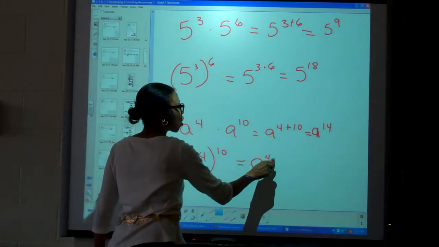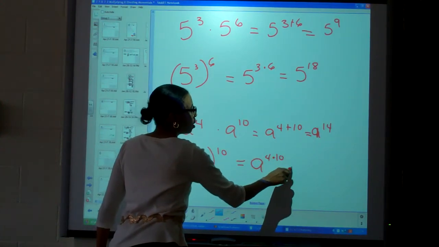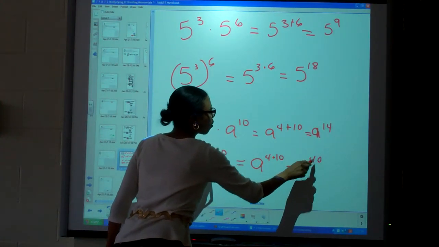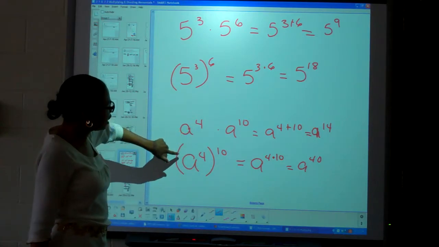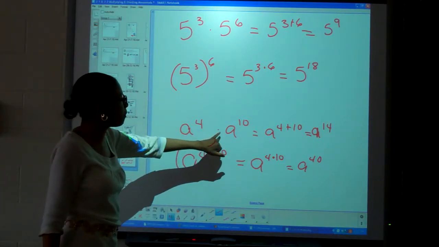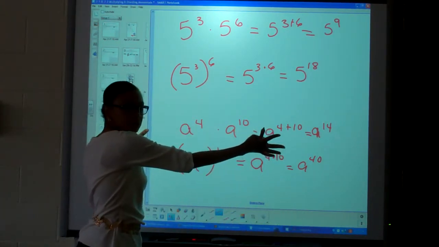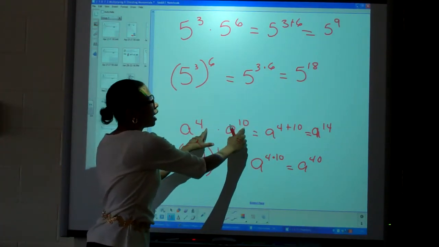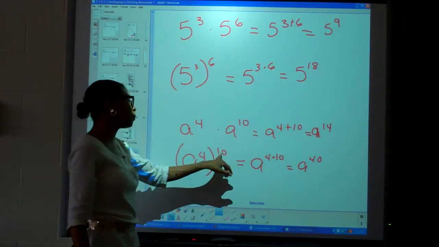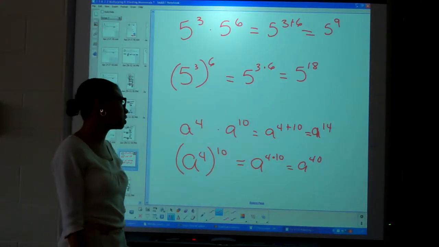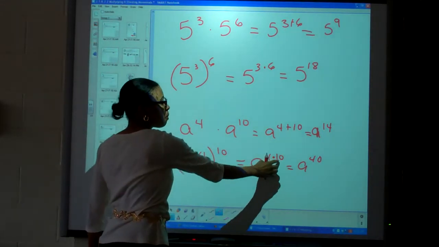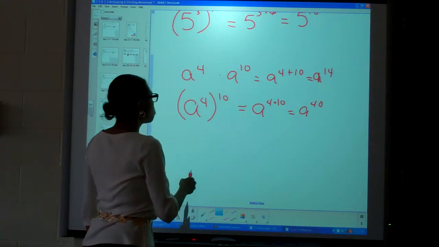This is a to the 4 multiplied by 10, which is a to the 40th power. Please do not get these two confused. If I'm multiplying and everything's on the outside of the parentheses, I'm going to add the exponents. But the minute I put the exponent on the outside of the parentheses, I need to multiply.